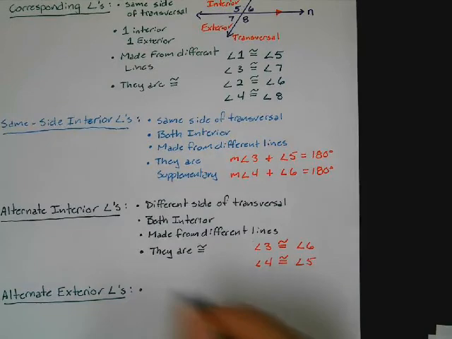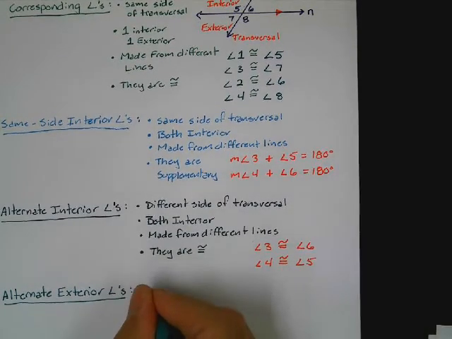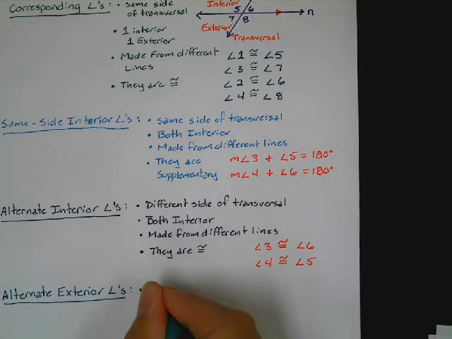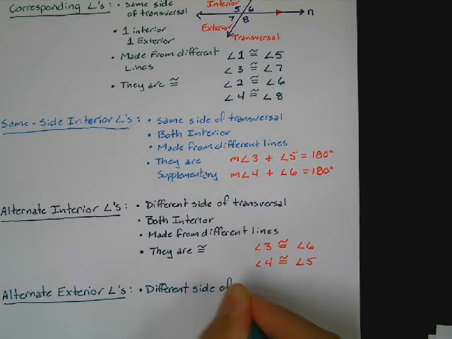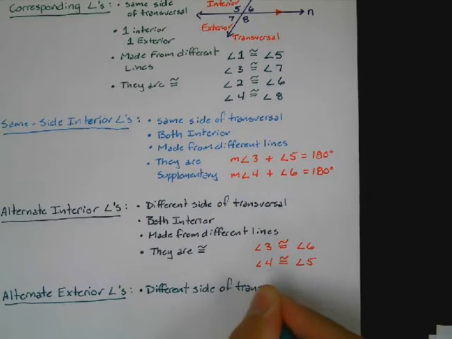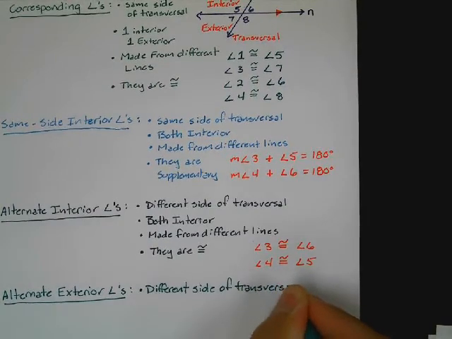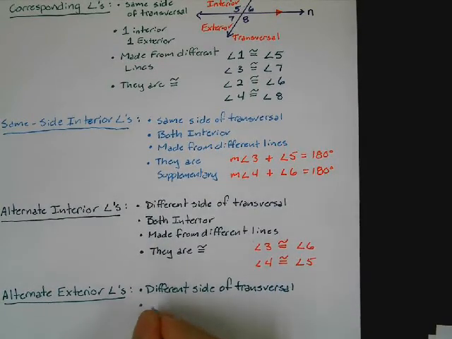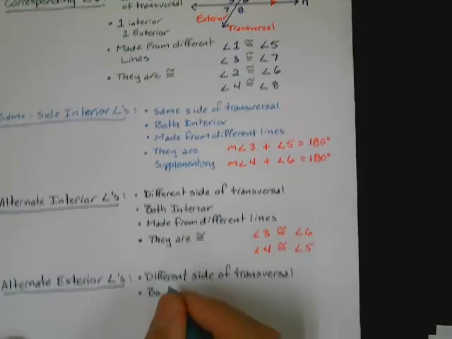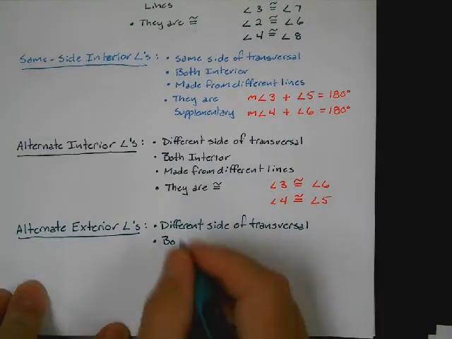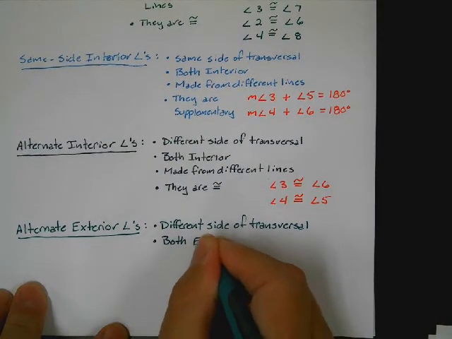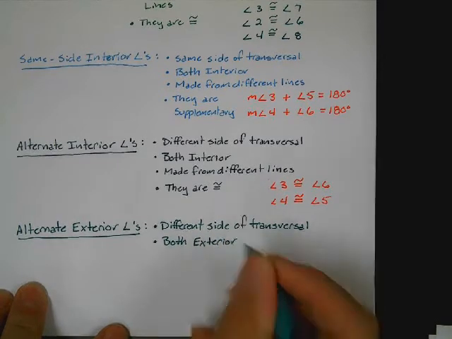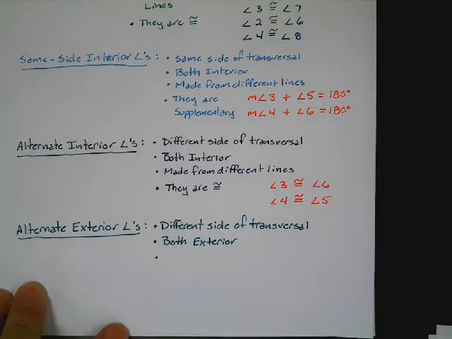So we know that alternate exterior means different sides of the transversal. That's the alternate word. We know that they're both exterior. Move it up so you can see it. We know that they're made from different lines.